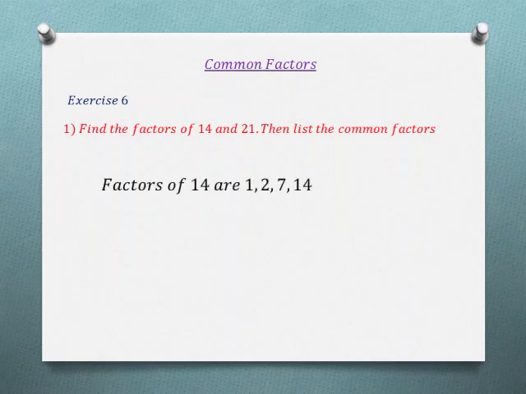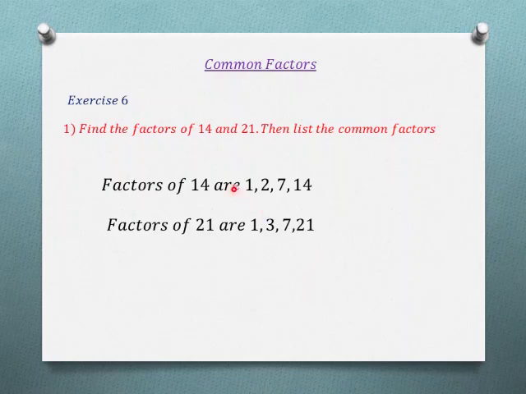Factors of 14 we found just before in the previous problem: 1, 2, 7 and 14. Now factors of 21. 1 21s are 21, 2 table, no, 3 table, yes, 3 7s are 21, 4 table no, 5 table no, 6 table no. So factors of 21 are 1, 3, 7 and 21.